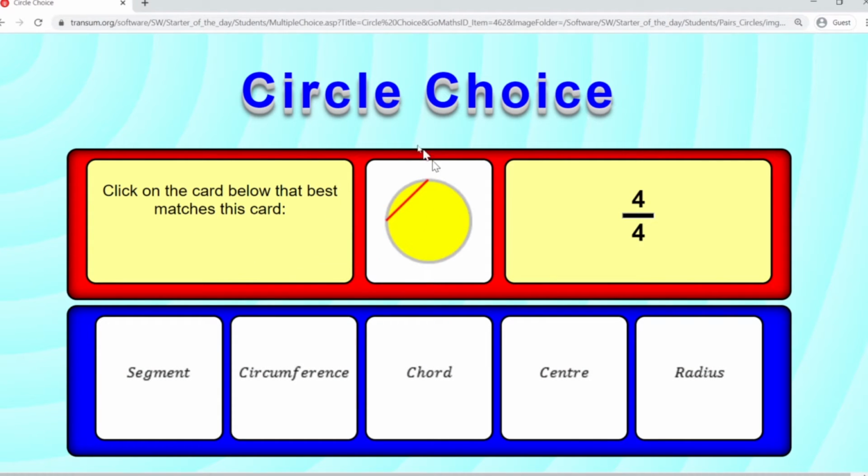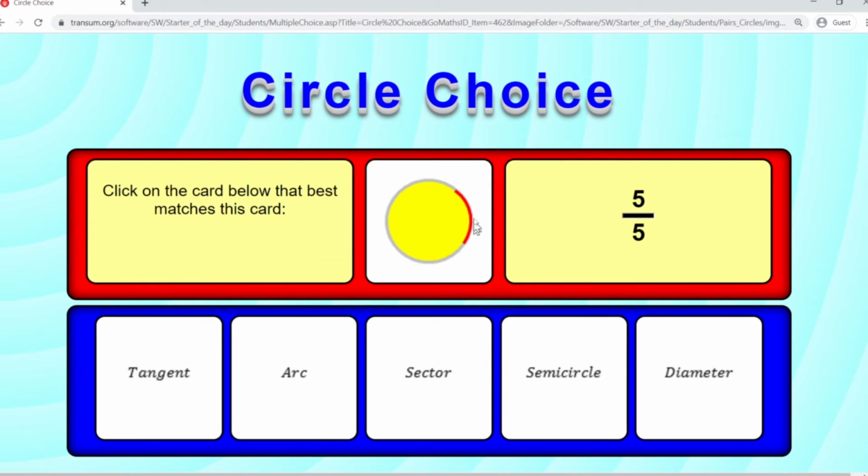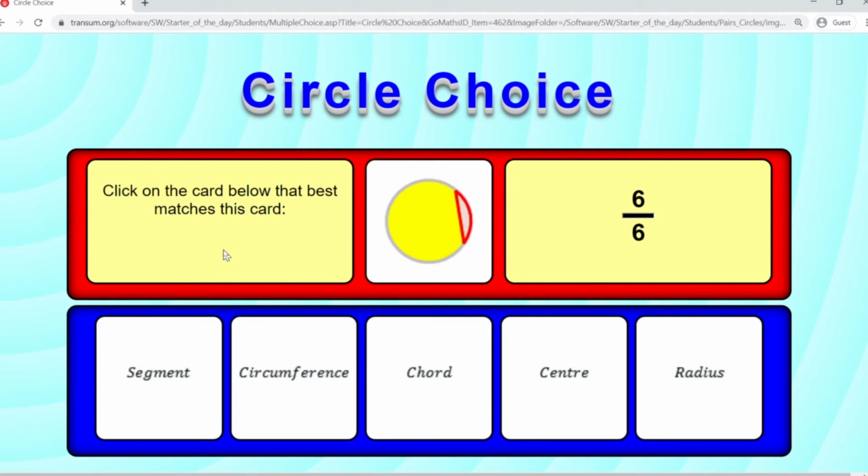Next, for this answer, as you know, it is a chord. Alright, next. As I explained just now about the minor sector and minor arc, this is the arc. Okay, for this, the answer is segment.